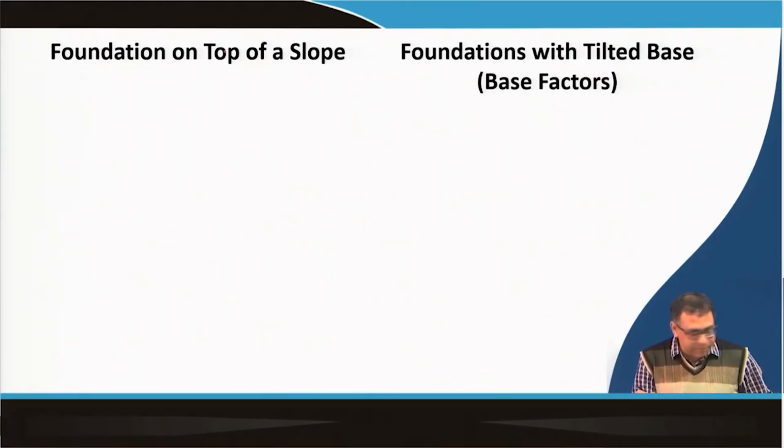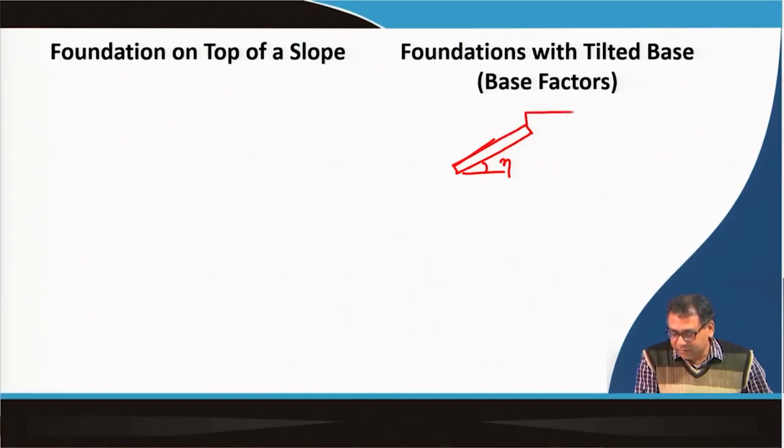Suppose you have a foundation like this, which is tilted, with an angle of eta, okay. And then this is your ground surface, it can be at the same level.